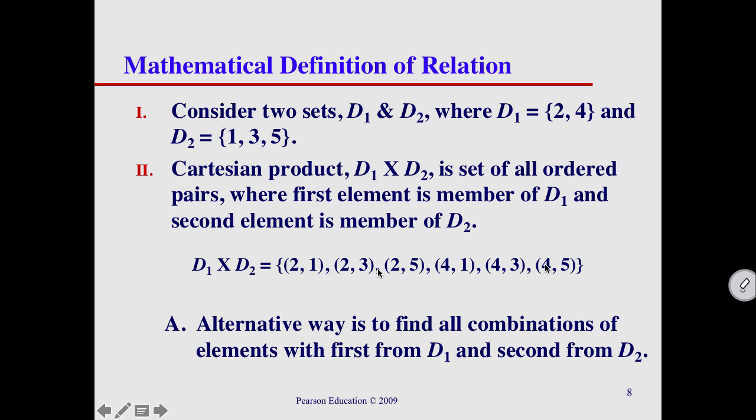So if we had a 2 attribute relation whose first column was chosen from domain D1 and whose second column was chosen from domain D2, then this would be the universe of possible tuples for that particular relation.